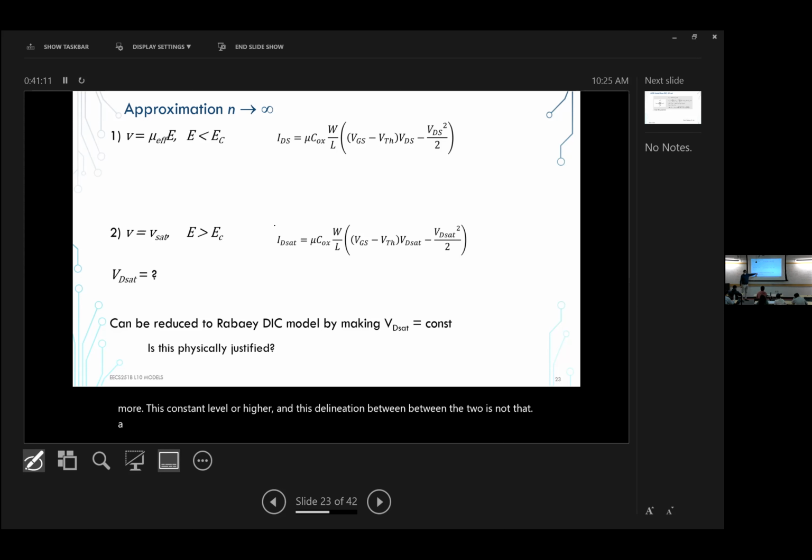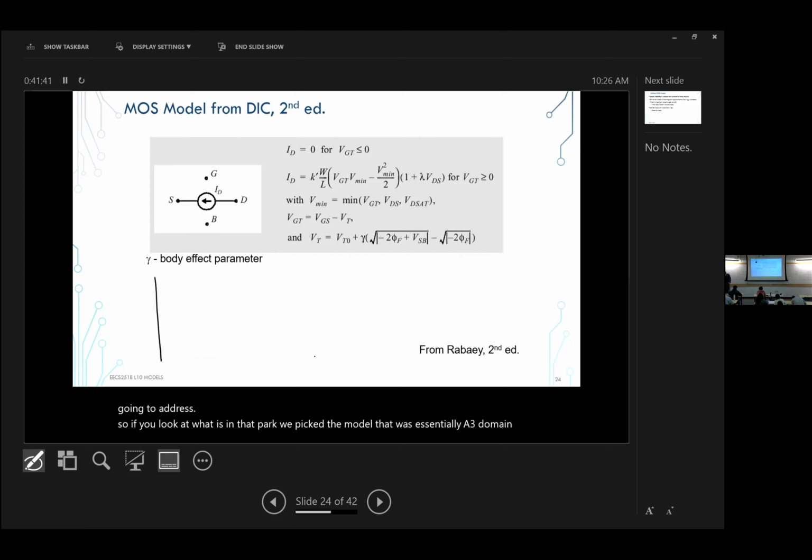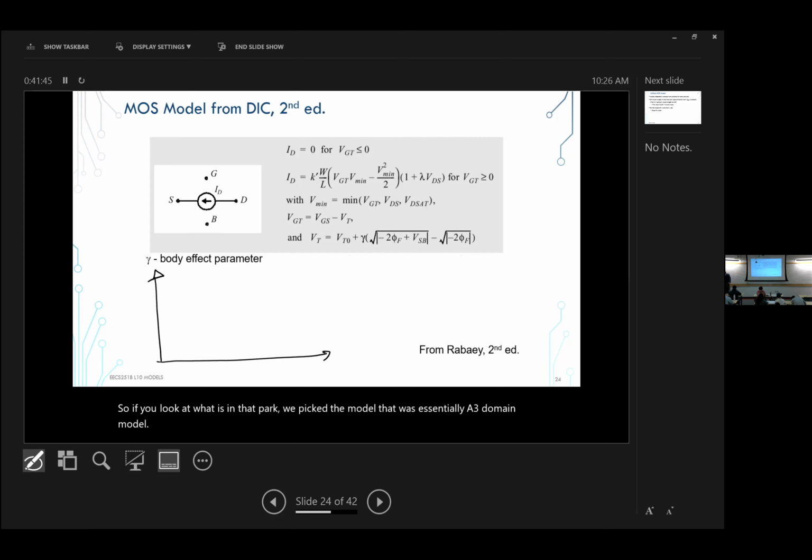If you have read the old book that Hassan and I wrote in the early 2000s, we picked some value of VDSAT constant and ran with that. But that causes certain problems that we're going to address now. If you look at what is in that book, we picked a model that was essentially a three-domain model. This was IDS, this is VDS.